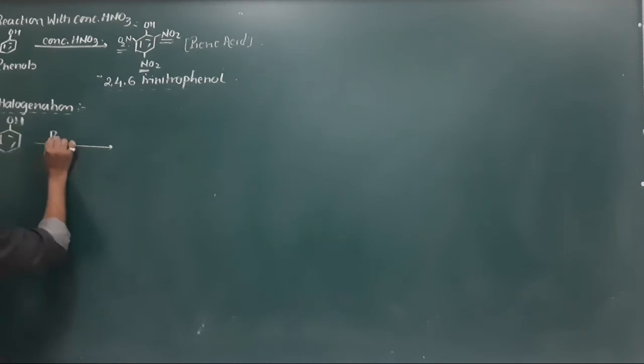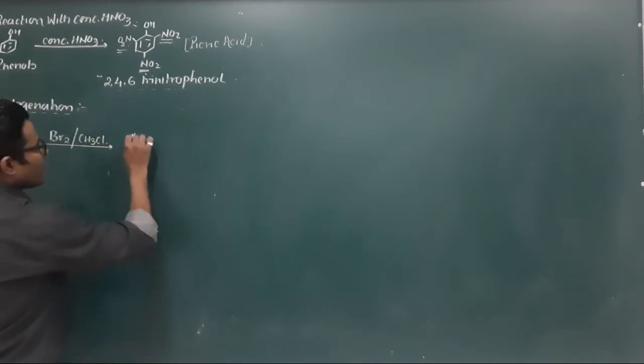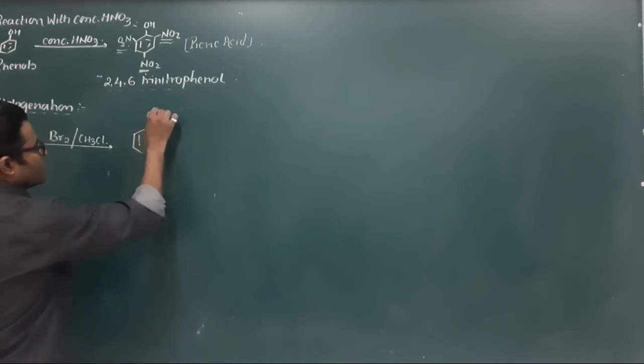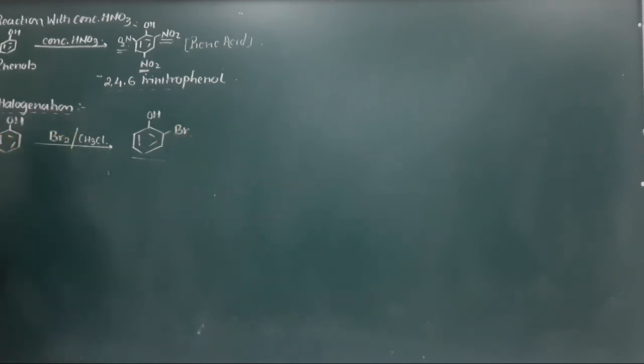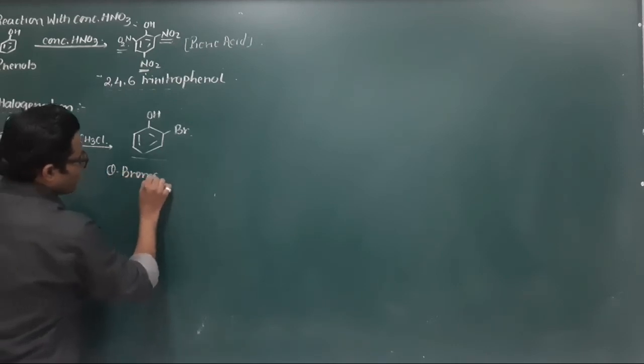Now, coming towards the halogenation. In the halogenation reaction, let's take into consideration our first reaction, when the phenols react with bromine, Br2, in the presence of chloroform. So what we have here is the OH over here and Br over here, the first monosubstituted product, that is ortho-bromophenol.